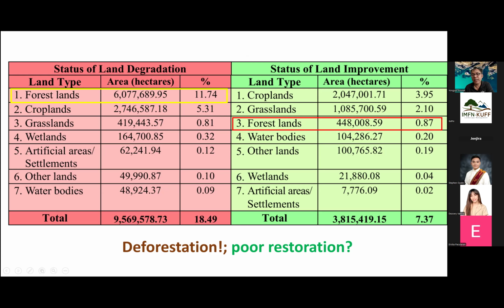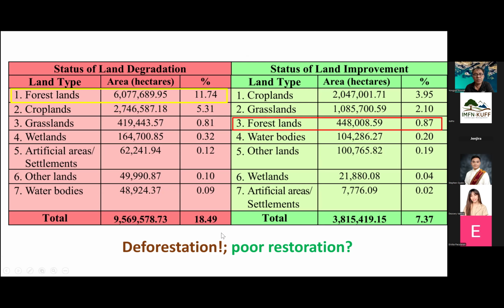And how about the land improvement? If you see this one, the total land improvement is 7%, but about 6% is located in agricultural land and grassland, while forest plantation or rehabilitation is less than 1%.